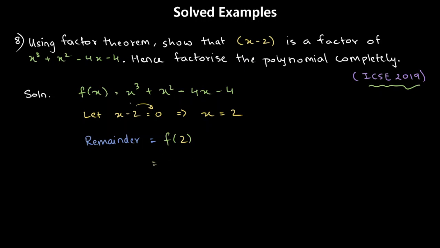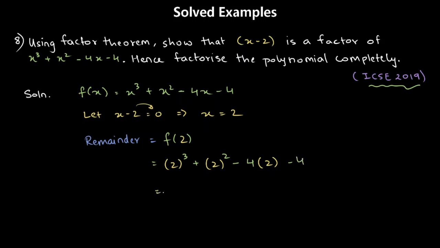So f of 2 would basically be substituting 2 in f of x. So what do we have now? We've got 2 cubed plus 2 squared minus 4 into 2 minus 4.